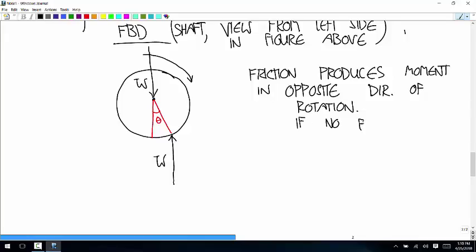If there was no friction, this theta would be equal to 0. But friction causes that angle to develop. And we can break this force up into what we know are the two components, the normal force and the friction force. We know that a normal force is perpendicular to the surface.